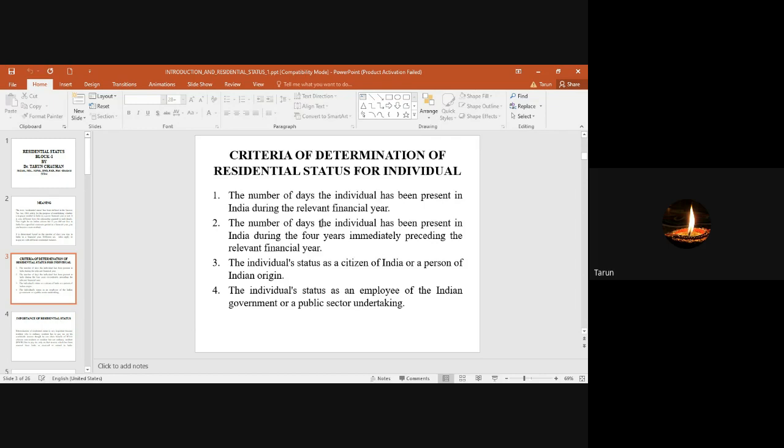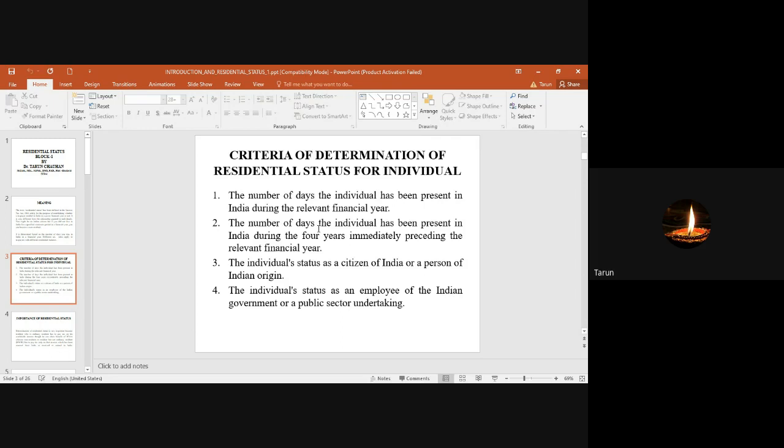If a person is working in Bharat Petroleum Limited, or Bharat Gas Limited, let's say, and has been working for 10 years, then he or she is a resident of India, because they are working in an Indian government company or public sector undertaking since 10 years.